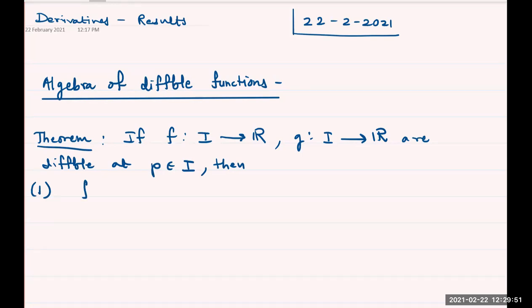So कहाँ से constant लेते हैं हम? Constant लेते हैं real numbers. So for c in R, cf is differentiable at p.